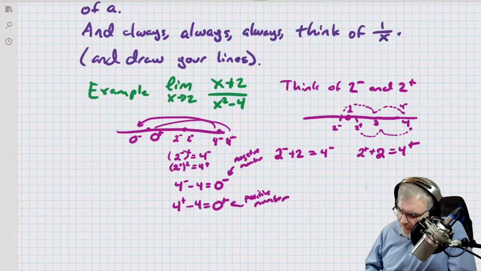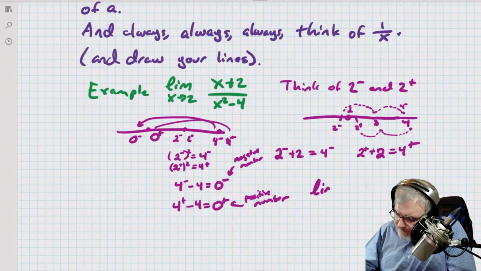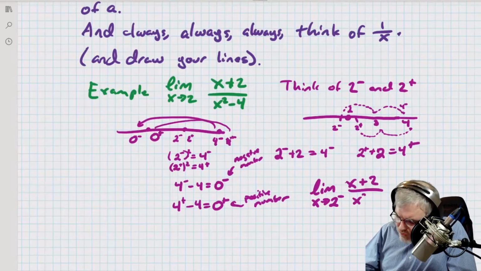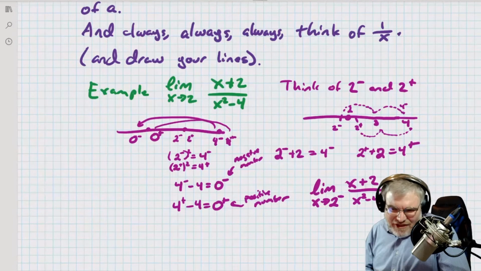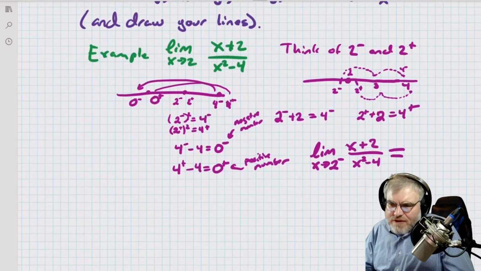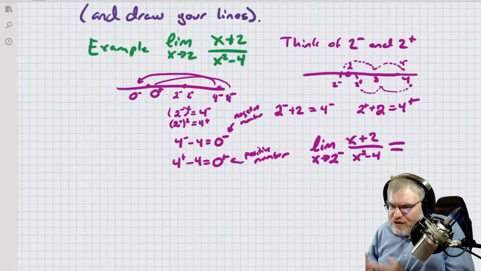Now, the limit as x goes to 2 from the left of x plus 2 over x squared minus 4 is the same thing, and I'm putting an equal sign here, but it's not. Equals is a bad thing because I'm mixing two concepts.